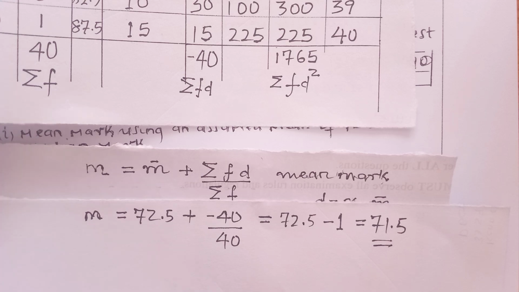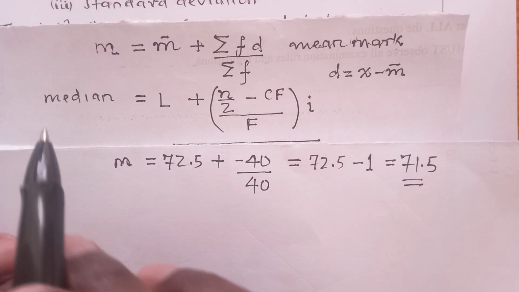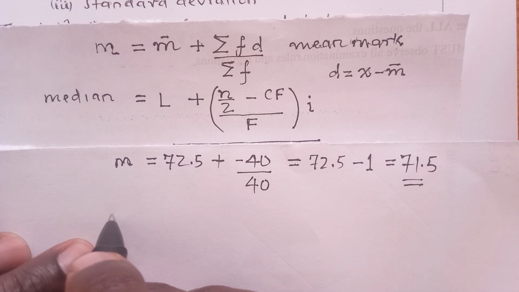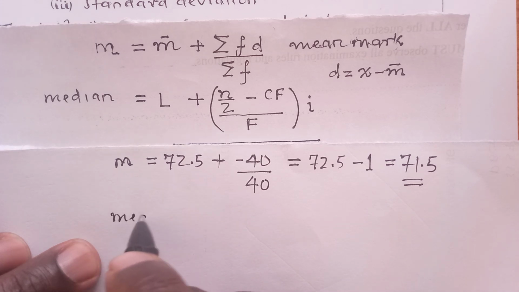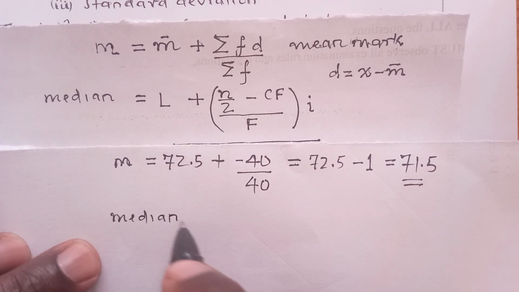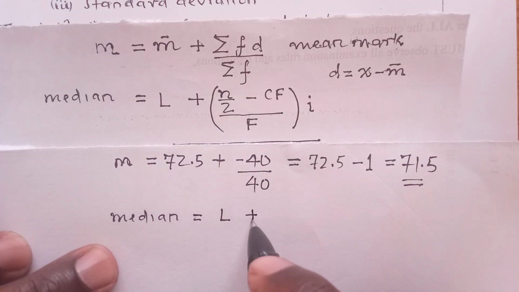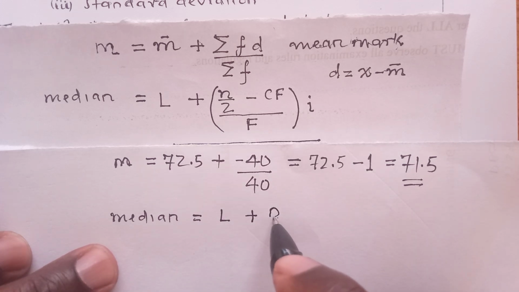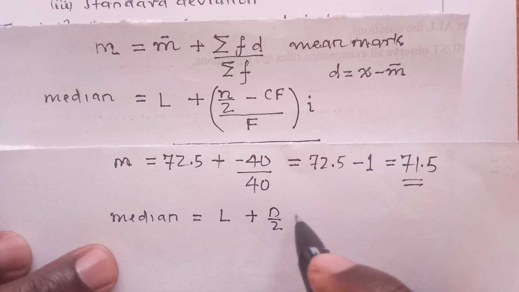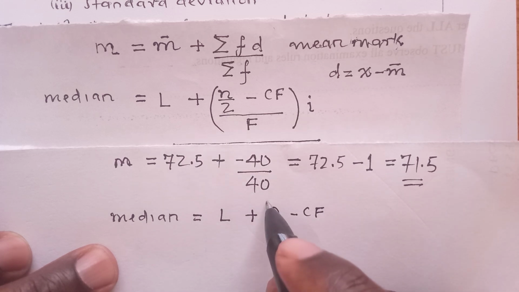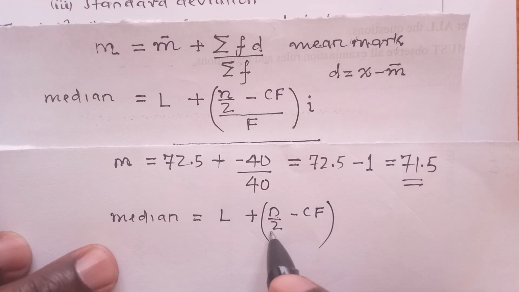Then we continue. We now find the median. For the median, let me first of all write the equation, and then we can continue. Median is equal to L plus N over 2 minus CF, like that, then over F, and then we have the I there.